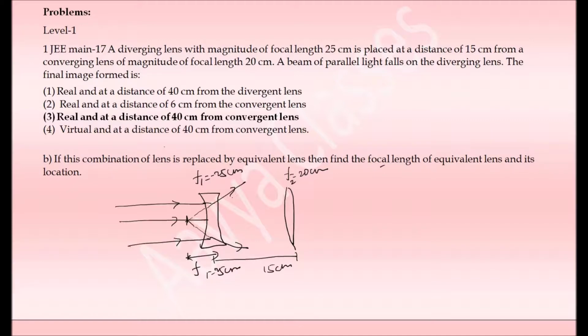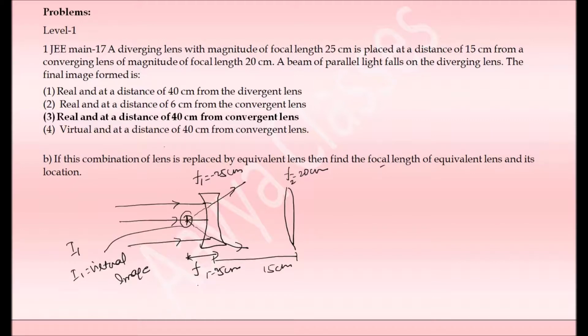So clearly it will form a virtual image at this point. If we call this image I1, then I1 is the virtual image, and this I1 will serve as a virtual object for the second lens.